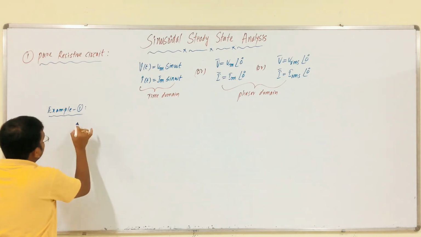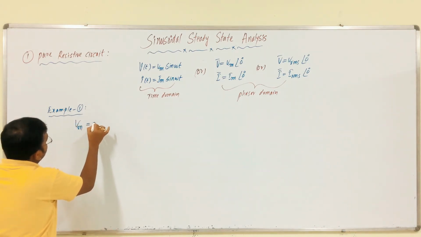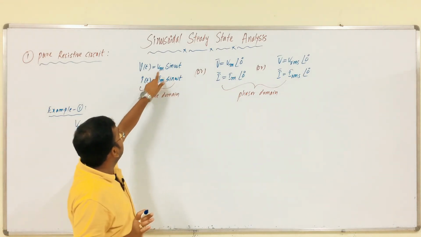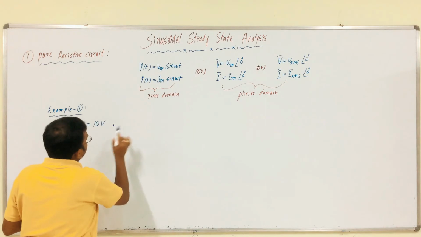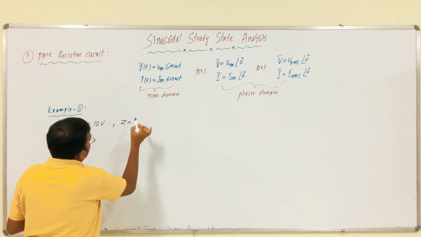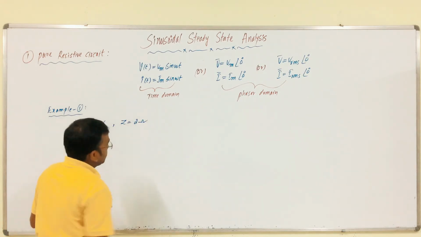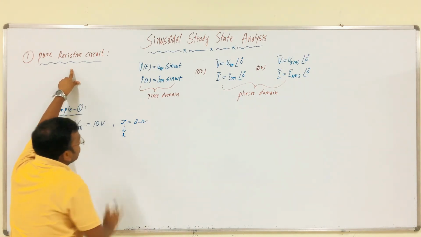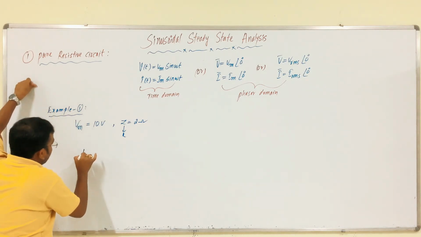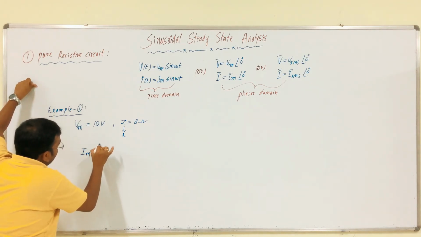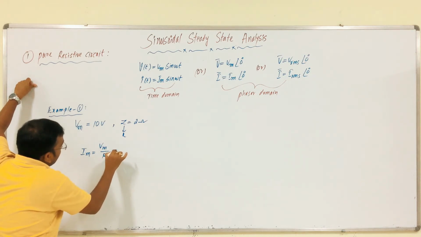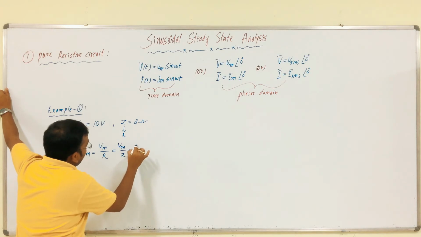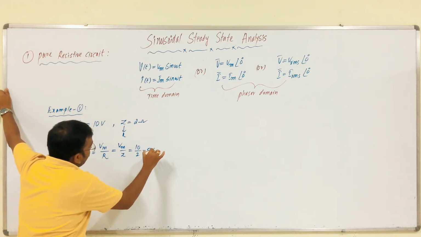For that, the maximum value of voltage, for example 10 volts, or you can consider RMS voltage. For this representation, Vm is equals to 10 volts, Z is equals to 2 ohms. So, this is pure resistive circuit, therefore, this is equals to R only, right? From this, the maximum value of current is nothing but Vm by Z, therefore, 10 by 2, which is equals to 5 amperes.